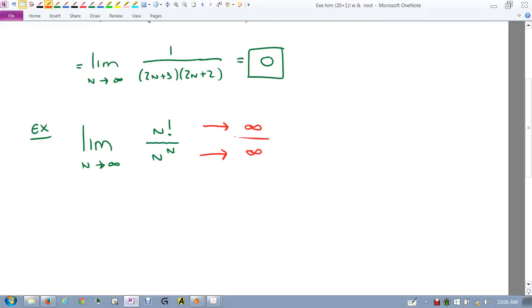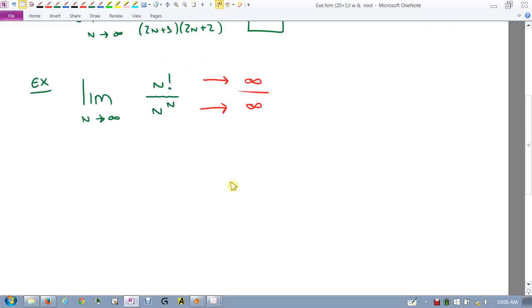So how can we do this? This one's a little more involved. So let's first write this out. This is kind of one of those problems where I show you the first time you see it, and you're like, okay, now I know I can do that from now on. Limit as n goes to infinity. I'm going to write out what these are. n factorial is n times n minus 1 times n minus 2 times dot, dot, dot, all the way till I get to 1, times 1.